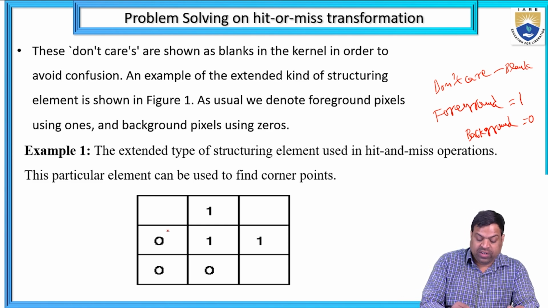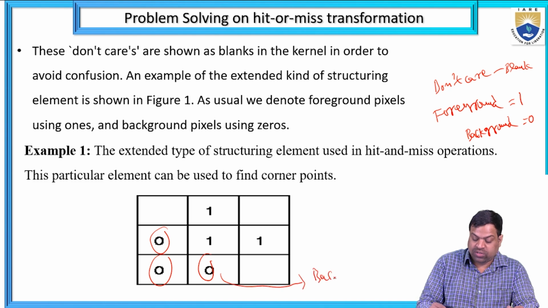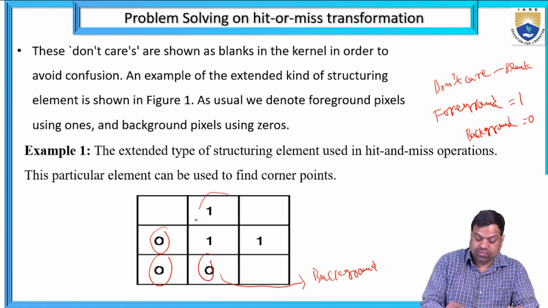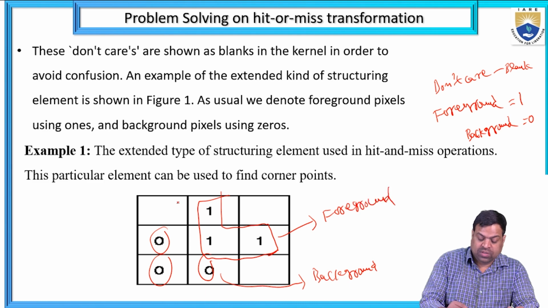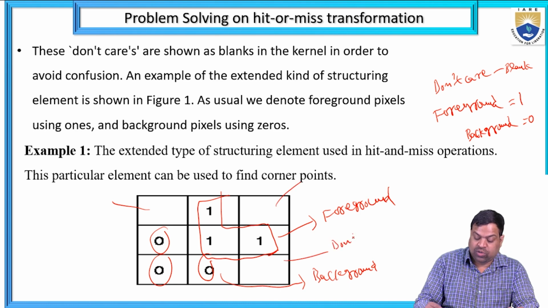So when these are all zeros, these all belong to background. So what are the remaining ones? These are the don't cares.